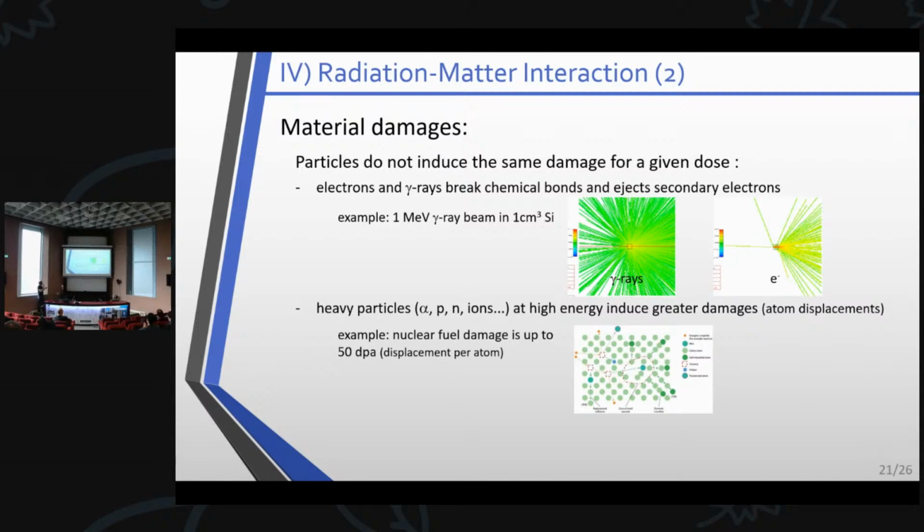For instance, for the fuel, you can have up to 50 displacements per atom. It means that every atom has been displaced 50 times at the end of the 3-year process in the nuclear reactor. So the strongly interacting particle will induce greater damage because the damage will be more concentrated instead of being diluted in a longer track.